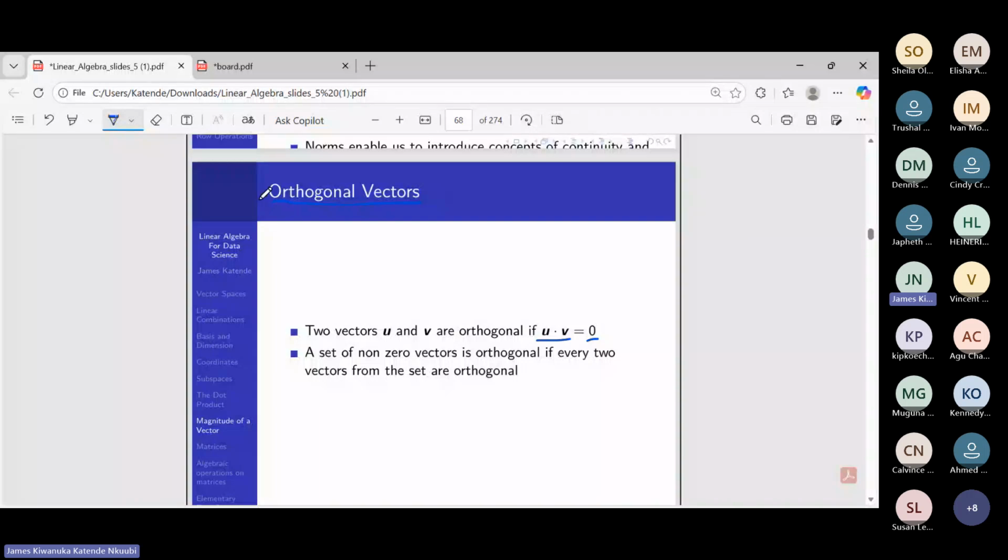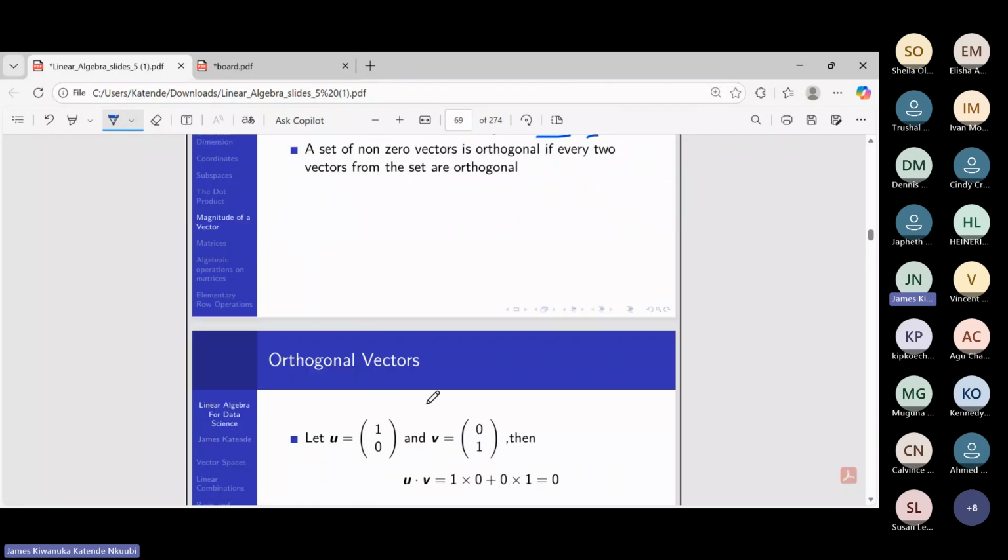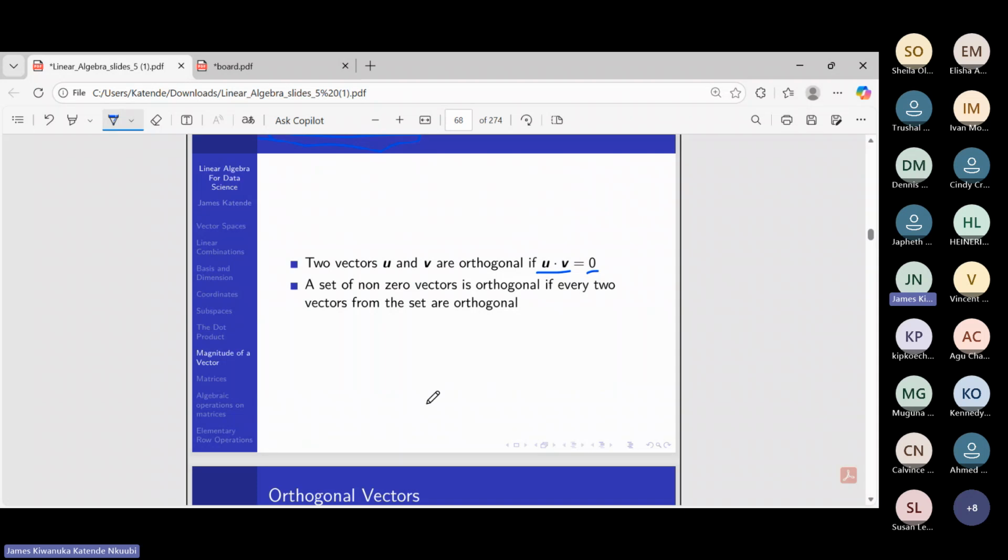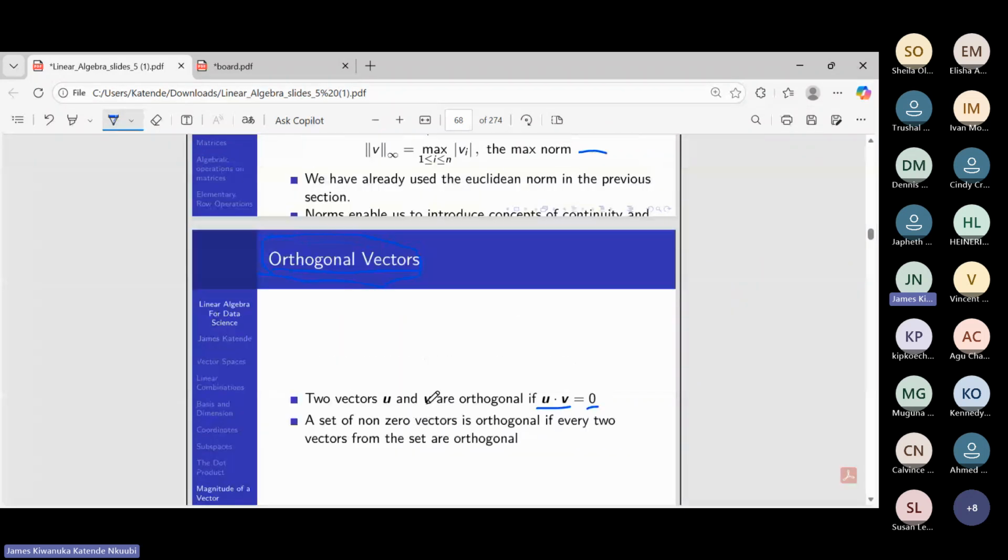So these are also very important when working with the orthogonal eigen decomposition. We will need these ideas. Again, let's make sure you catch the building blocks because we are going to be using them.